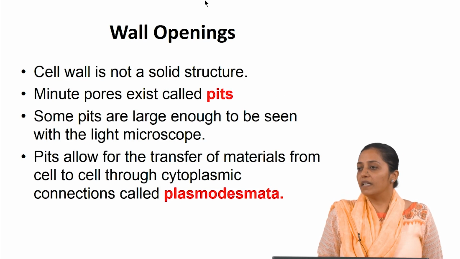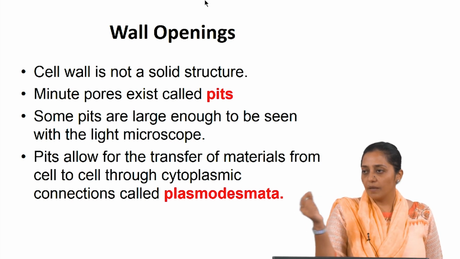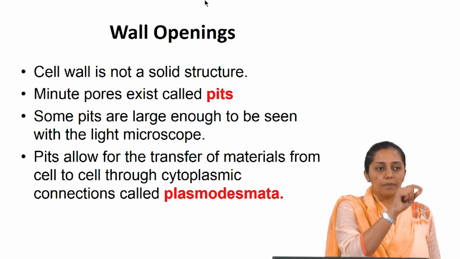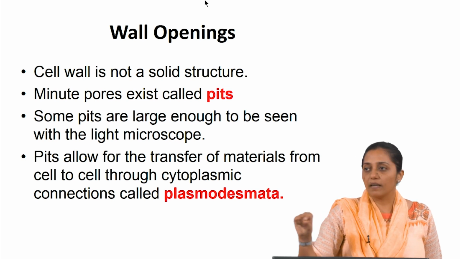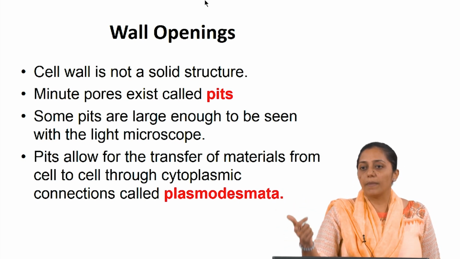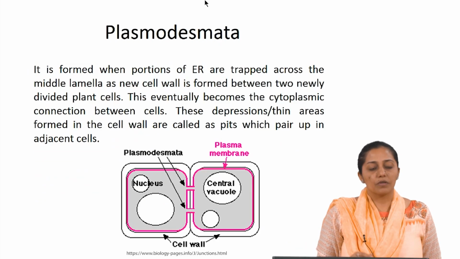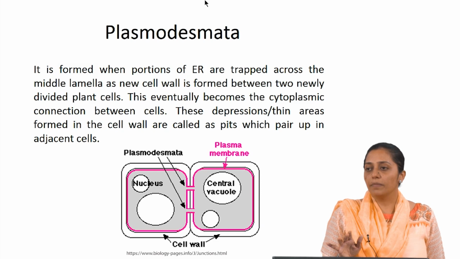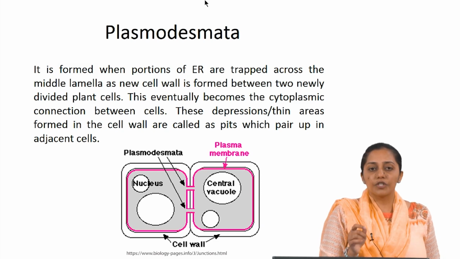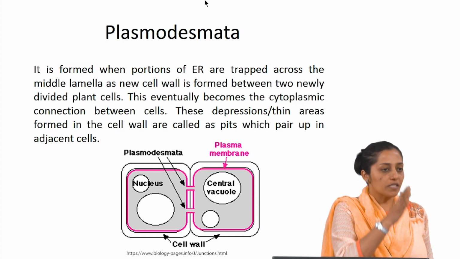Now cell wall openings, I said these are pits, which are holes in the primary cell wall through which the plasmodesmata passes, composed of your plasma membrane and your endoplasmic reticulum. So these are live bridges. This is how plasmodesmata is formed. It is formed when portions of your endoplasmic reticulum get trapped across the middle lamella.